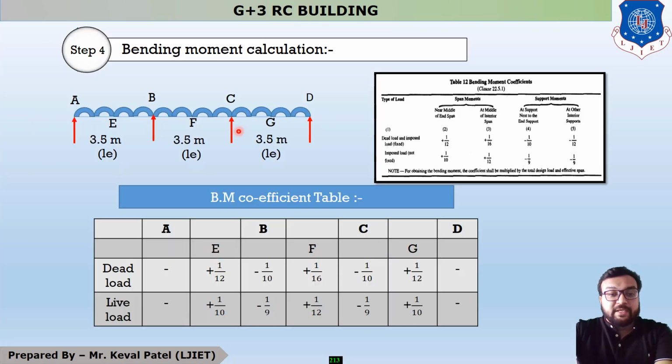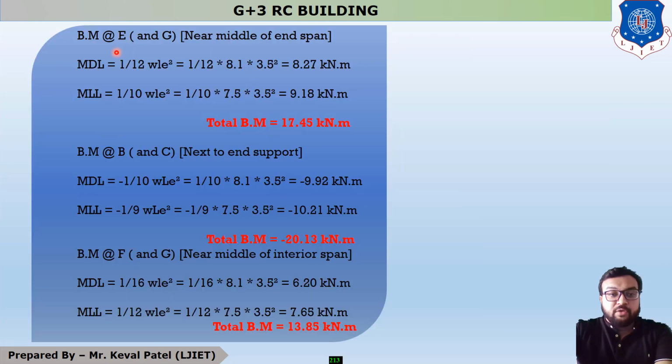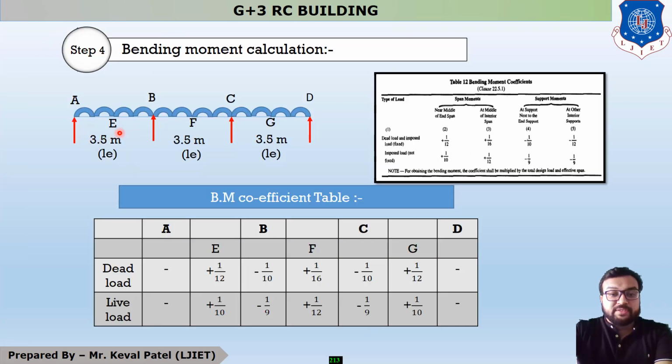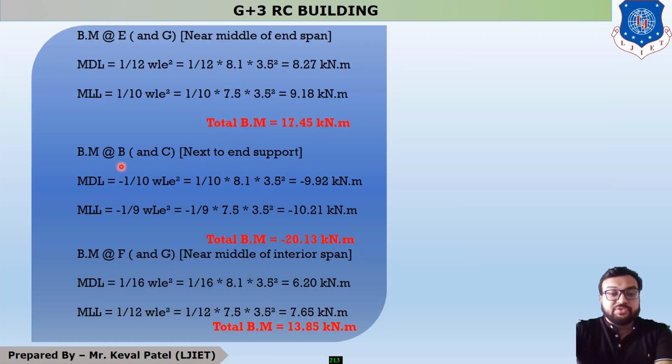So you can see that this is E point, so we have to find E is equal to G. B is equal to C, in which we have to write the conditions: near middle of end span, next to end support, and F.